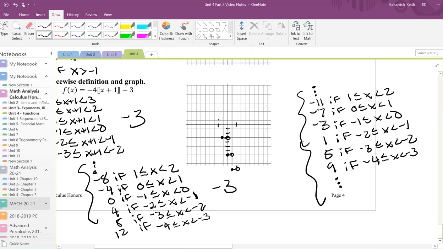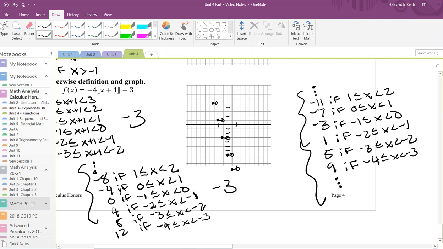So then there, connect those. And then at -3, it's going to be +5. 3, 4, 5. Connect those.